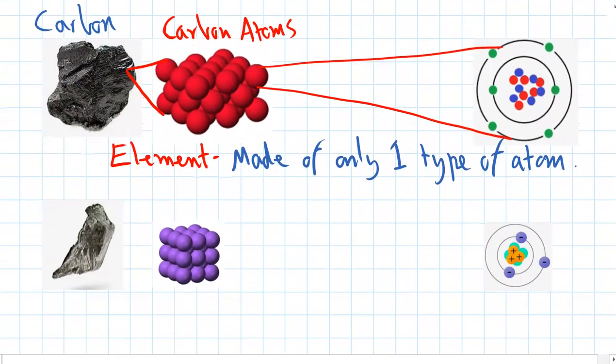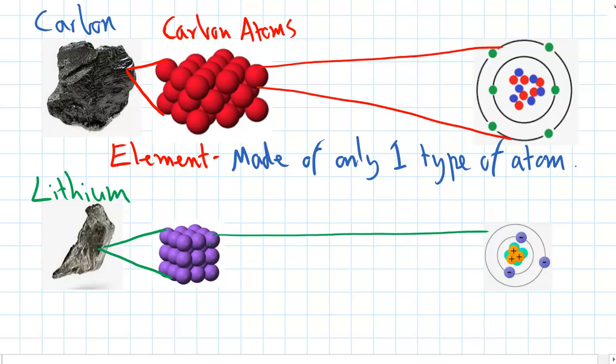Okay, so here's another example of an element. This one is actually lithium. And lithium's a metal. So if we zoom in on this little piece of metal, we'd find a whole lot of lithium atoms making it up. And again, if we zoom in on an individual lithium atom, we can see those all have 3 protons.